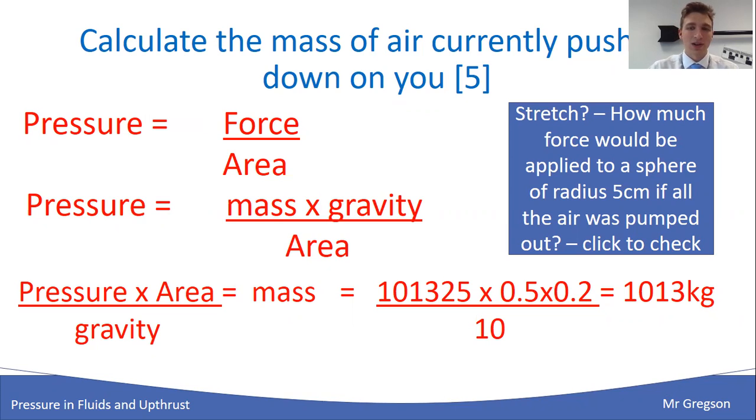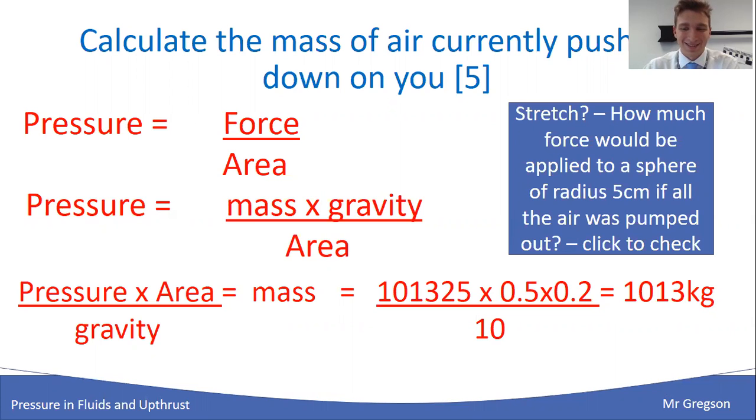And then dividing that by gravity, which gives you 1,013 kilograms of air, which is a lot, but we're not really feeling it much, are we? The area, 0.5 times 0.2, is the rough sizing of a school pupil, isn't it?